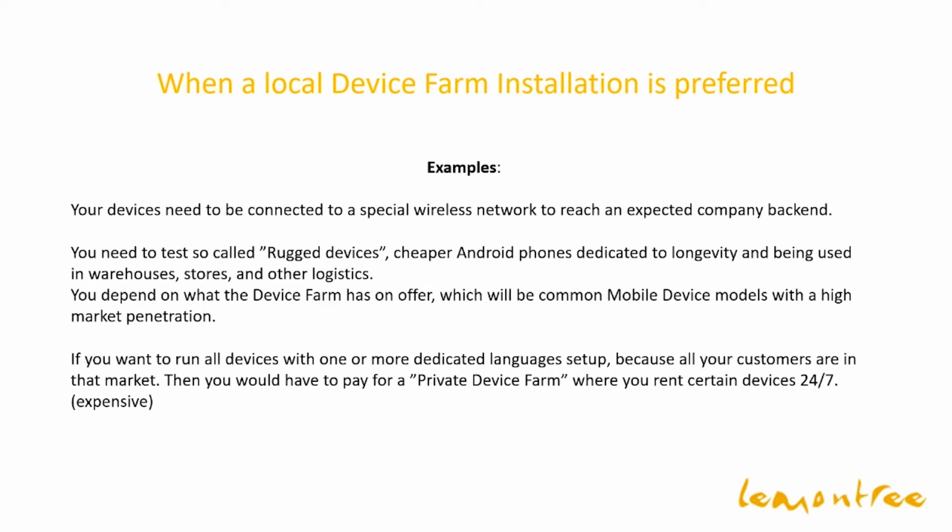These are cheaper Android phones that are used in warehouses and by truckers and stuff like that, basically used in logistics. If you go to your local Coop store or Ica store, they will be using these in the background, in the warehouse itself.